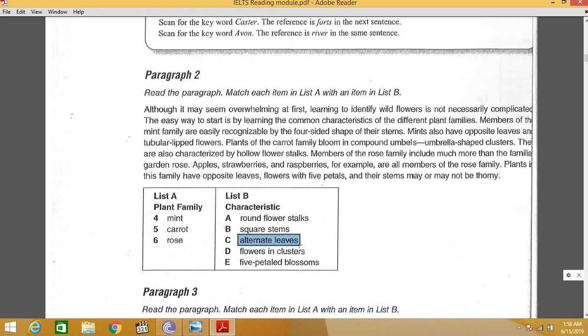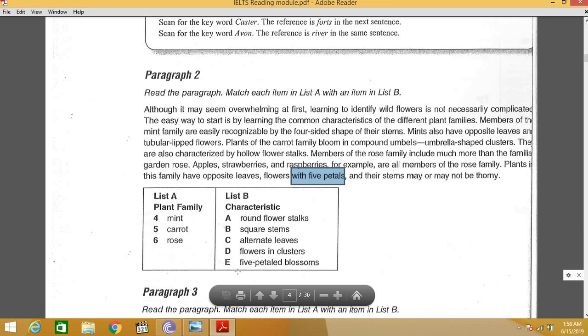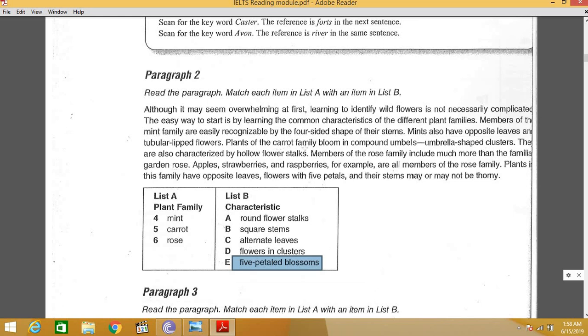So the answer is not that. The answer is here, the 5 petals. That means 5-petaled blossoms. Answer for question number 6 is E. Right. Now you know how to approach this matching by doing scanning first of all, and then skimming for the information.